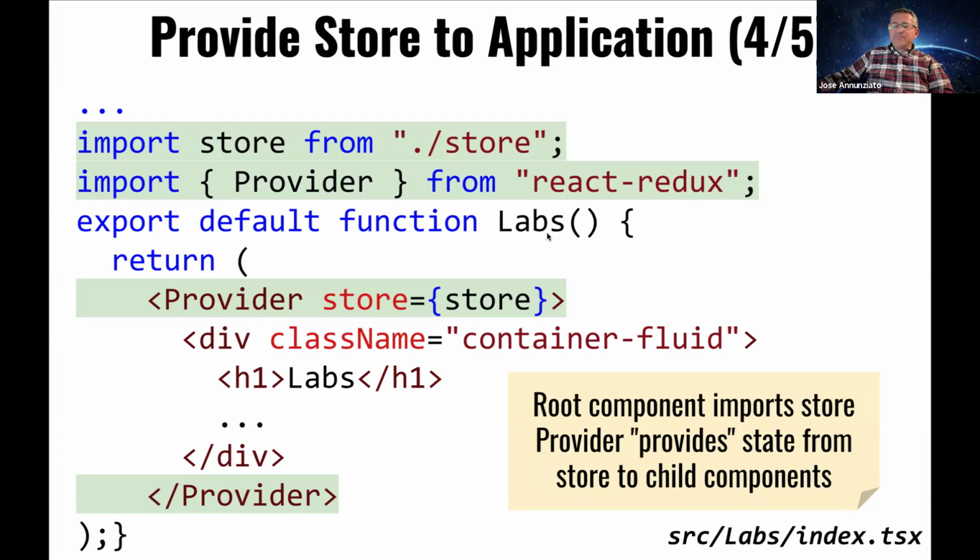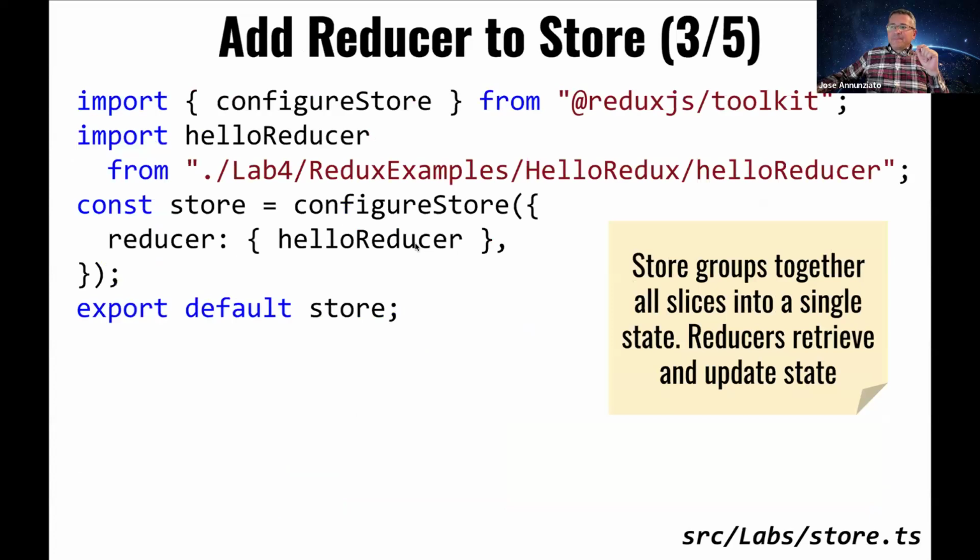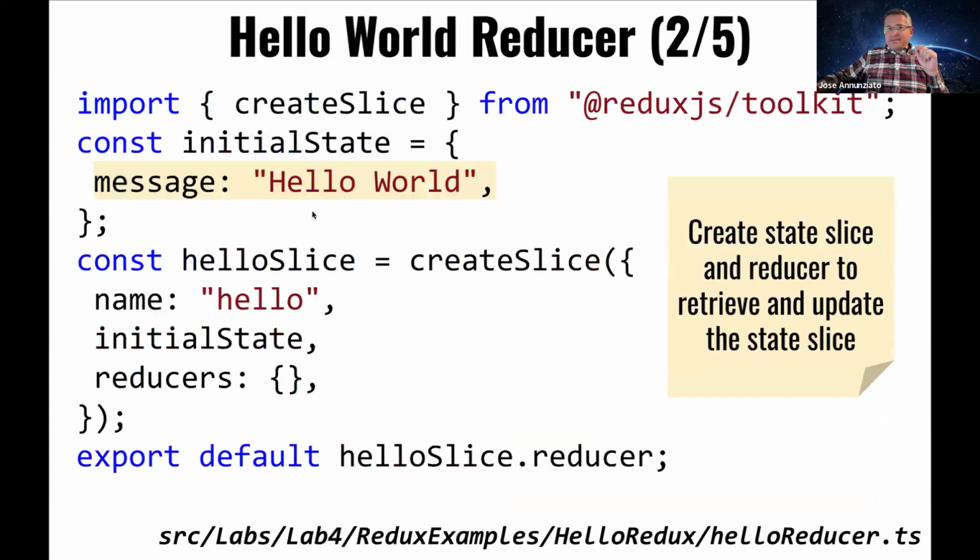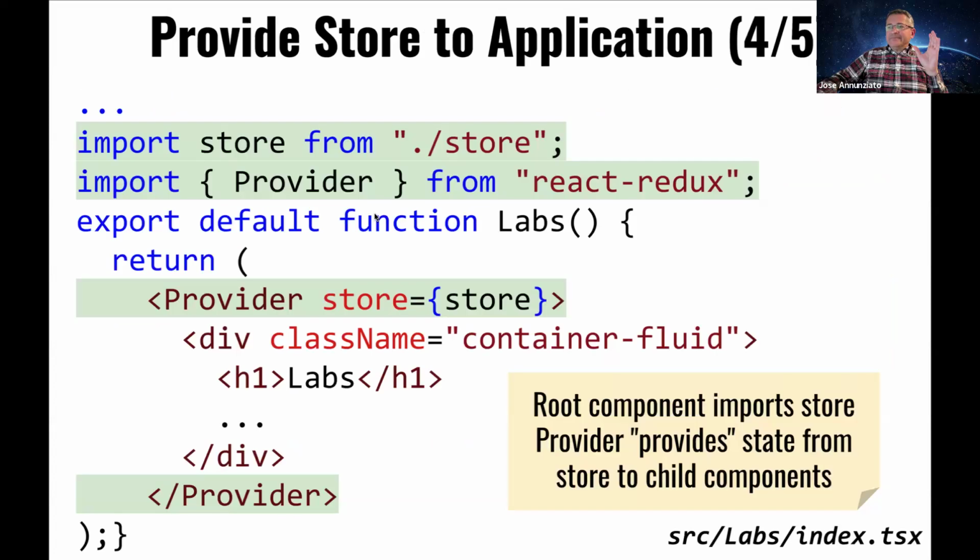So this is our top level component, the labs, and we wrap the entire set of labs. We wrap it with a provider and configure the store of that provider. Now, any component in our labs, anywhere in the hierarchy, can potentially read the data from all the slices, for any slice, including lab 1, lab 2, lab 3.